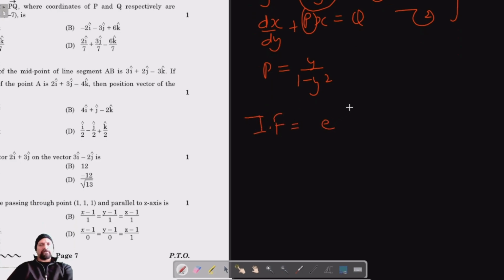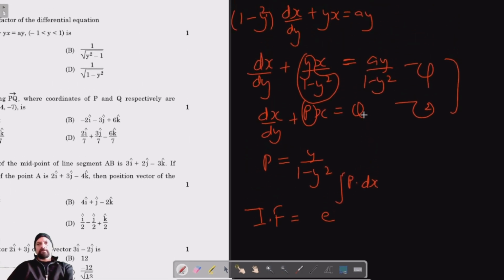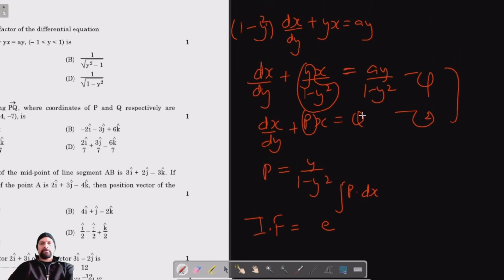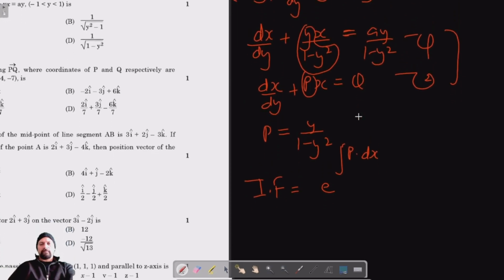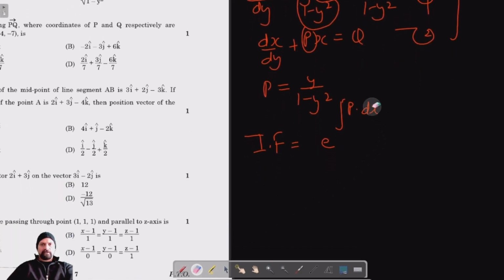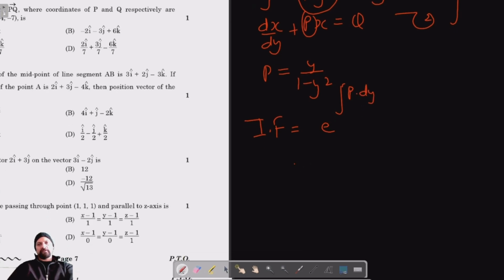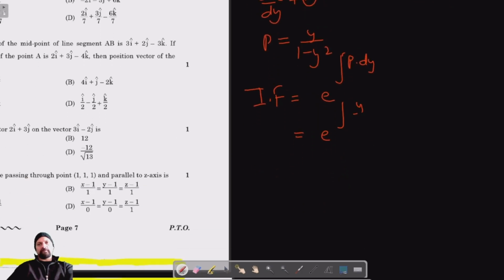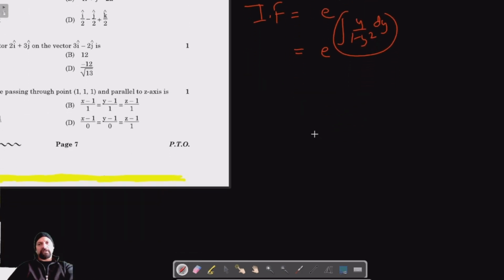So the integrating factor is e raised to the integration of p into dy. So this is integration of p, y upon 1 minus y square into dy. So let's integrate this.